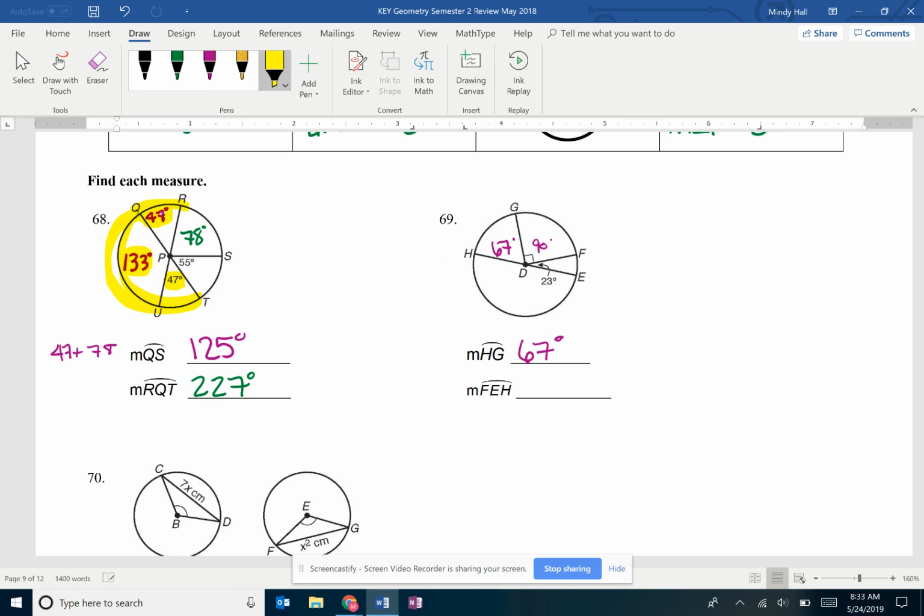Then I want FEH, so F to E all the way around to H. Because I have this straight line, I know this is a diameter, so this is 180 degrees. So for FEH, I would have 180 plus 23, which is 203 degrees. Okay.